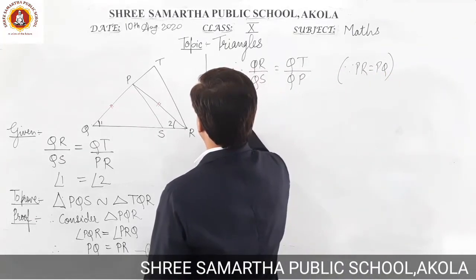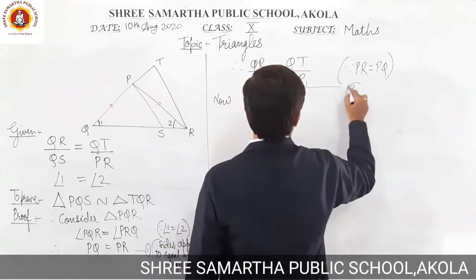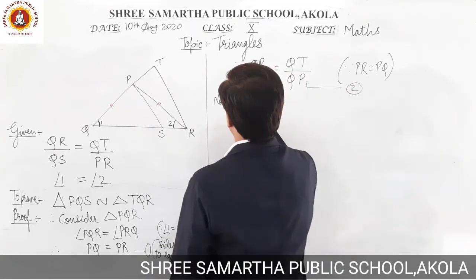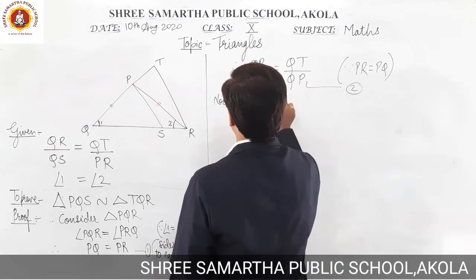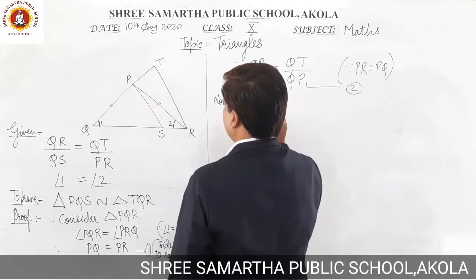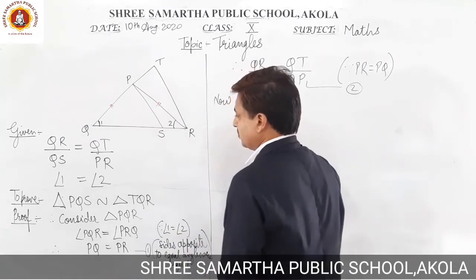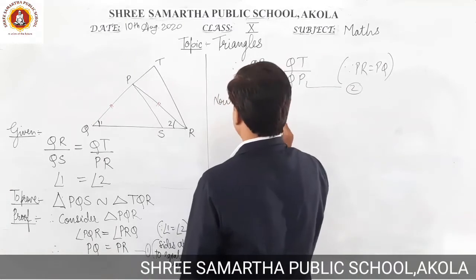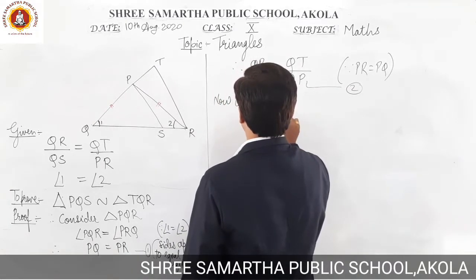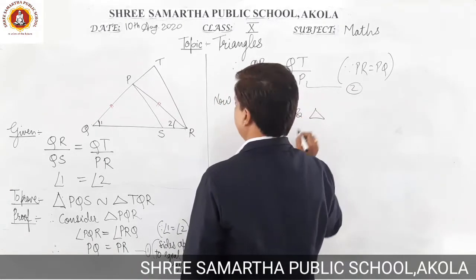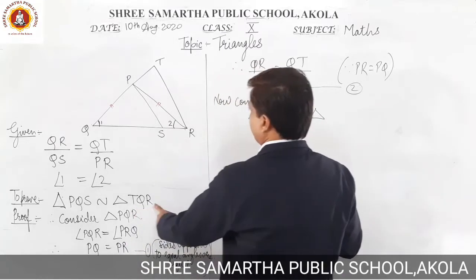Number this as 2. Now consider triangle PQS and triangle TQR.